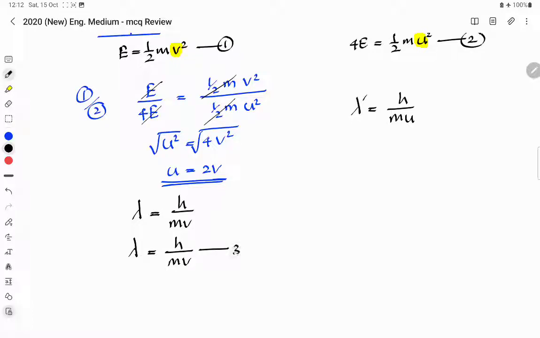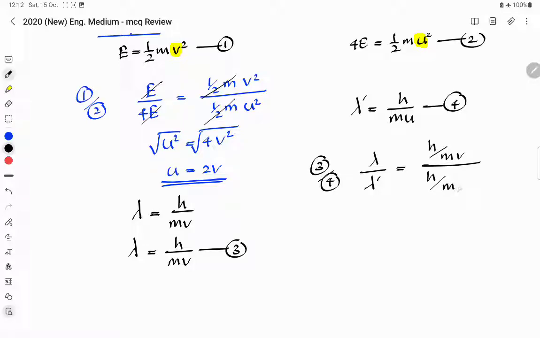Now this is our third equation, this is our fourth equation. Let's divide the third equation by the fourth one. So we will get lambda divided by lambda dash equals h over mv divided by h over mu.